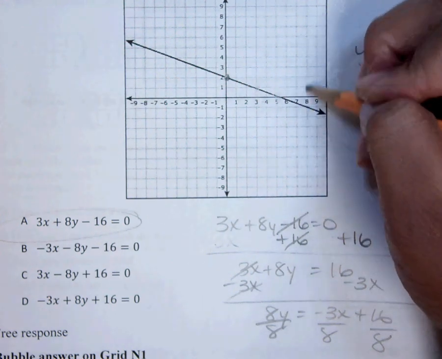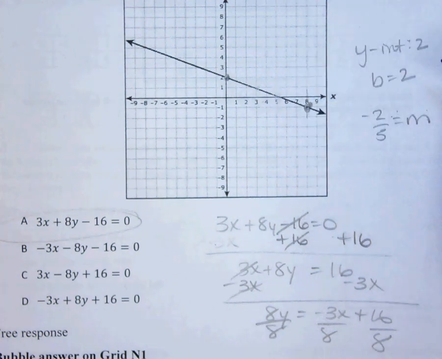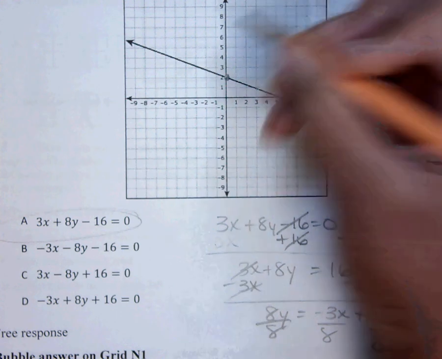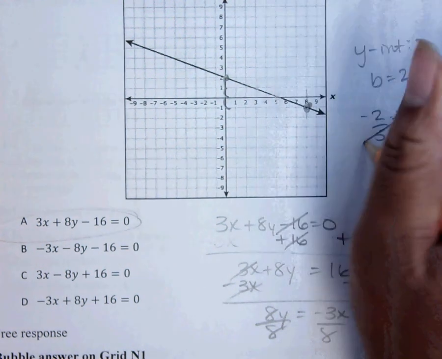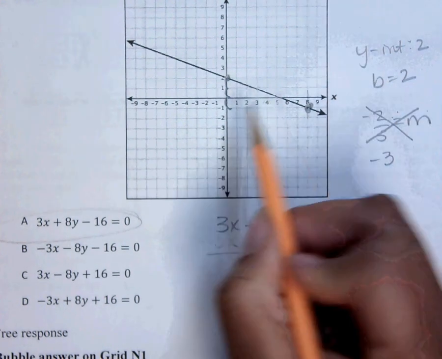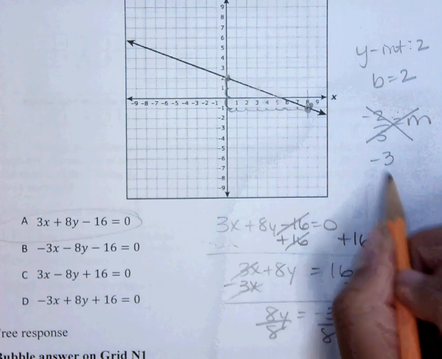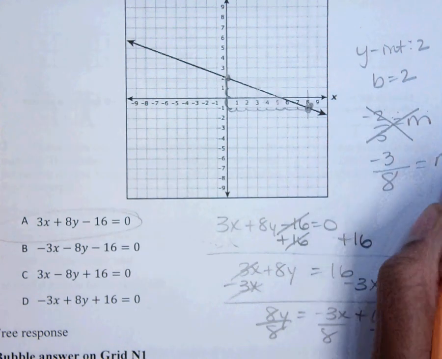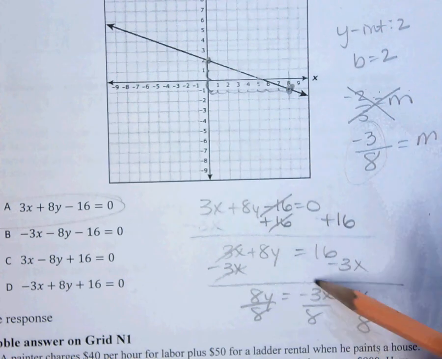Looks like it crosses right there. So now let's count that slope and see what we get. So that's 1, 2, 3, down 3, and over how many? 1, 2, 3, 4, 5, 6, 7, 8. See what happens when you pick the wrong point? Okay. So the slope is negative 3/8.